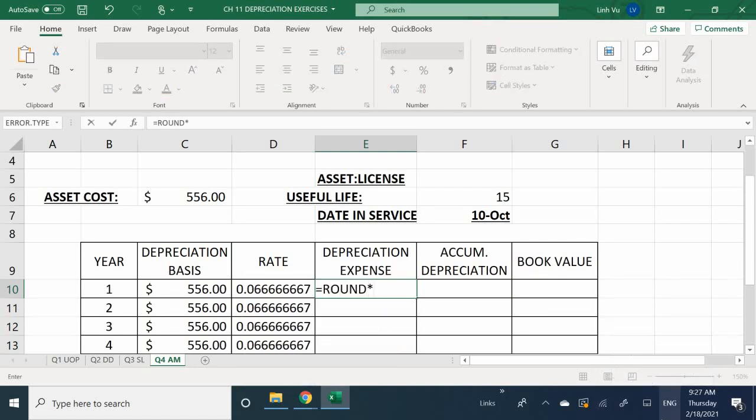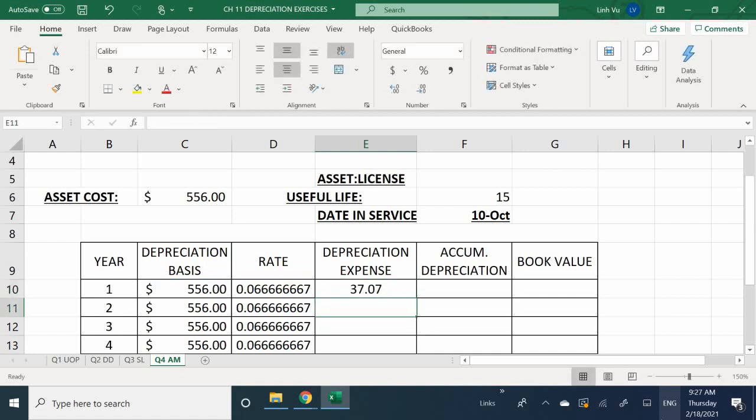Yes, depreciation basis times rate. $37.07. Now, that's for the whole year.